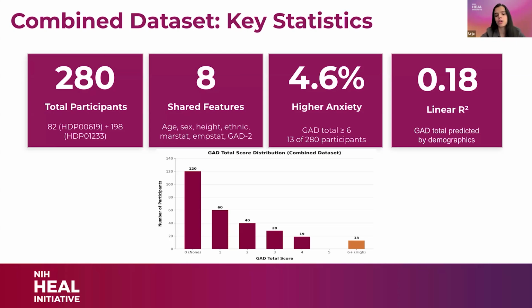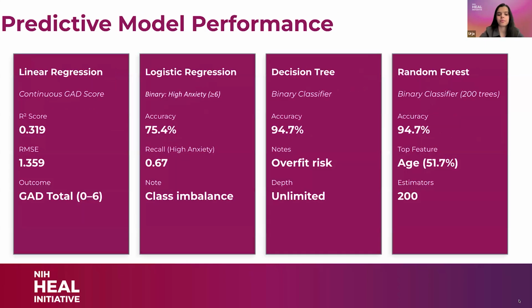It is important to note here that the threshold was not set by the researchers working on these two data sets. The threshold was something that we came up with to check the higher anxiety scores. Our linear regression explained about 18% of variance in GAD scores using demographics alone, which is modest, but it should be noted. Can we go on to the next slide?